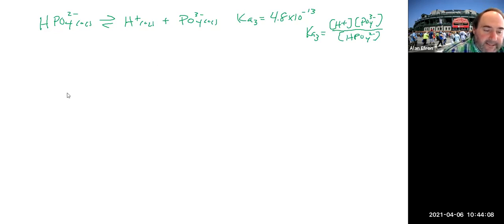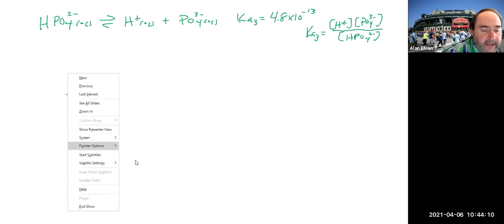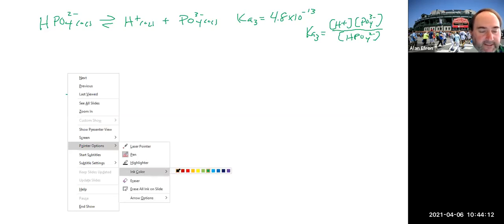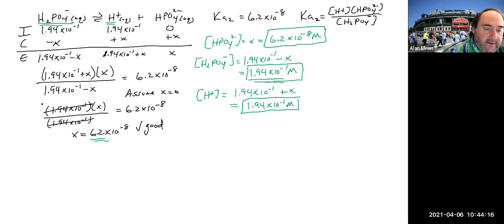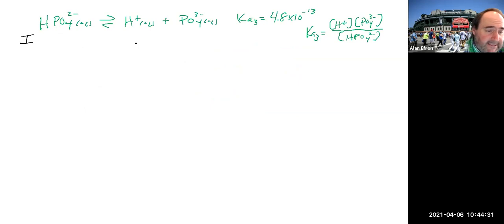We're going to start with an ICE table just like we did previously, and just like before, we're going to get those initial values from our equilibrium values. So we have an equilibrium value here of this one, and also an equilibrium value of H plus like we did last time. HPO4 2 minus is 6.2 times 10 to the minus 8.